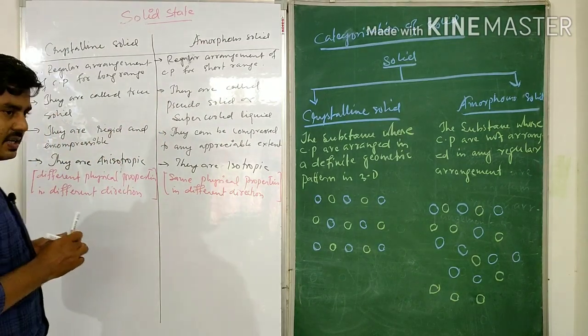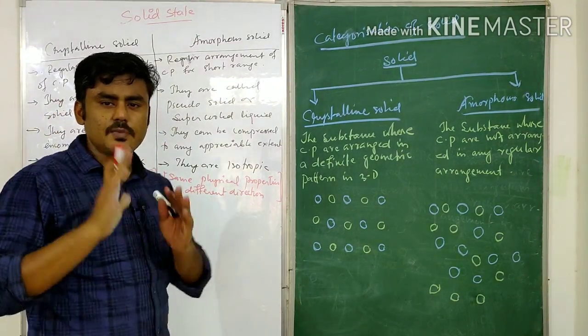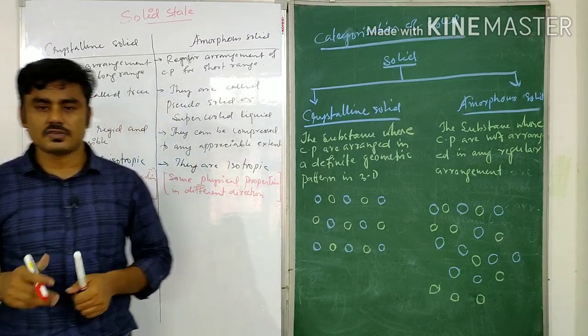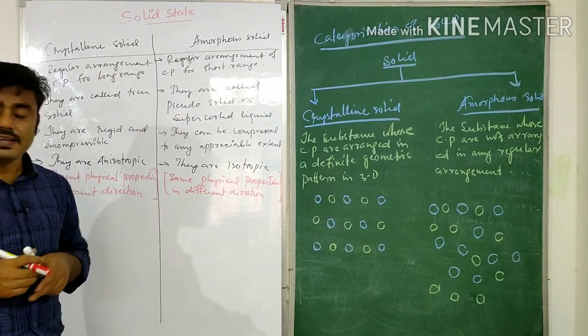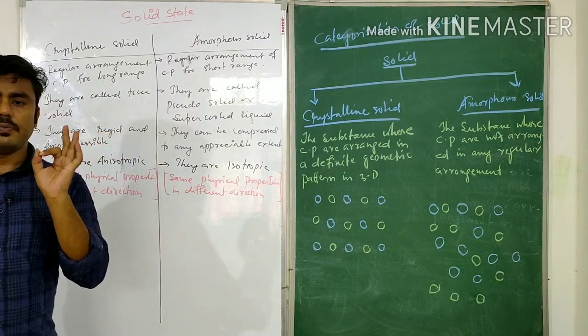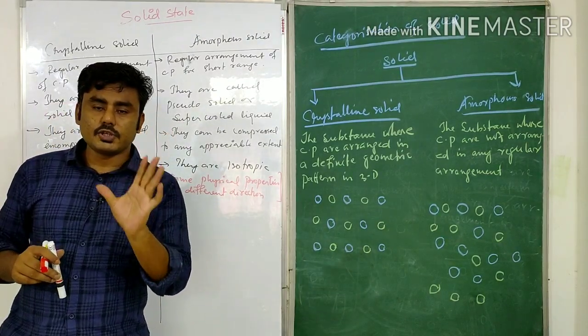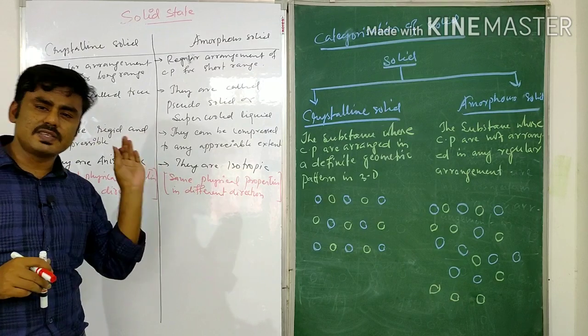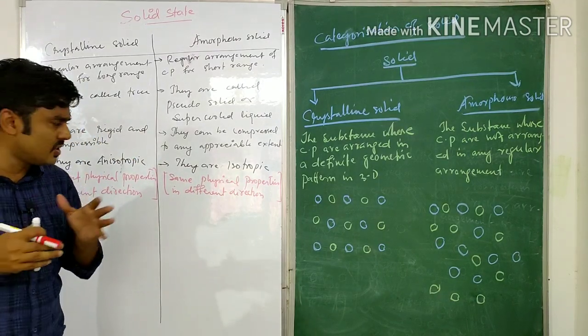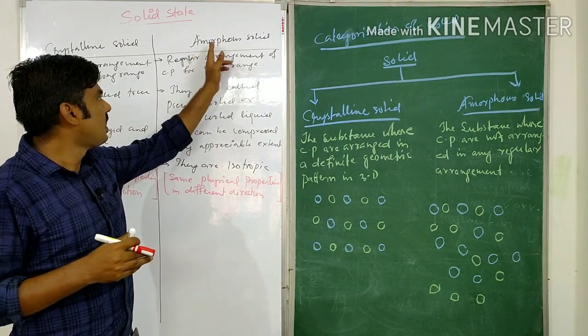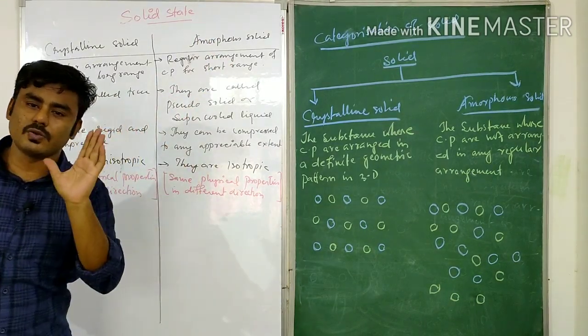Physical properties include electrical conductivity, thermal conductivity, and refractive index. So in crystalline solids there will be different physical properties in different directions, but in amorphous solids there will be the same physical property in different directions. Whatever direction you choose for amorphous solids, the result will always be the same.